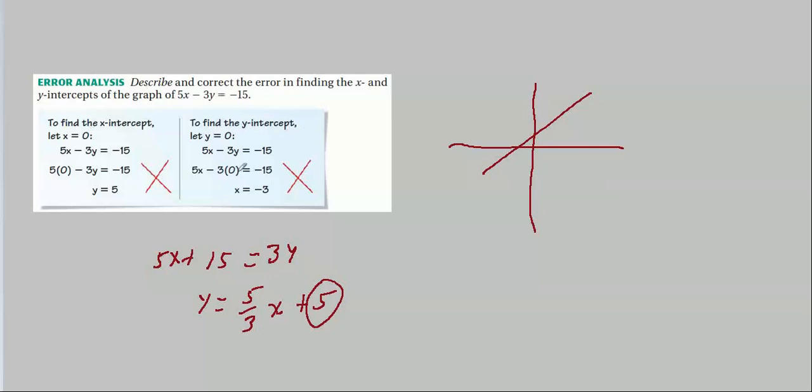And given this equation, now that we've got it written out like this, to get the x-intercept, all we do is set y equal to 0, and we would write 0 equals 5 over 3 x plus 5, or 5/3 x equals -5.